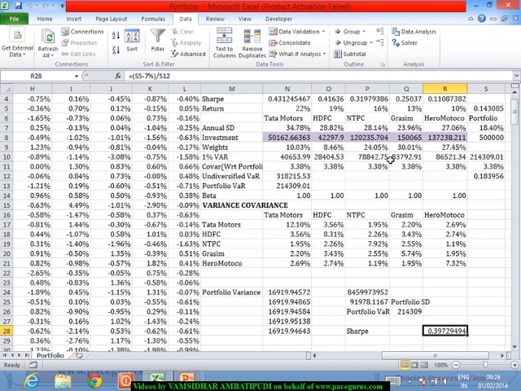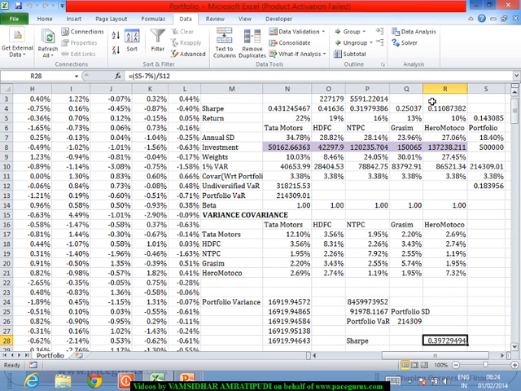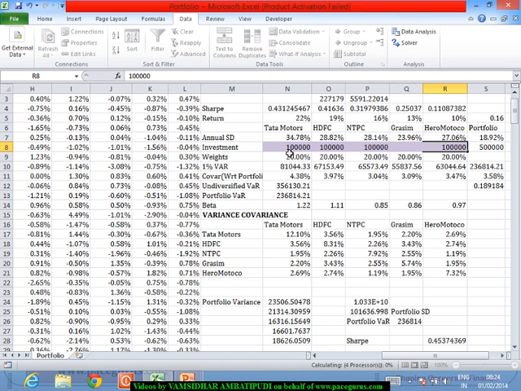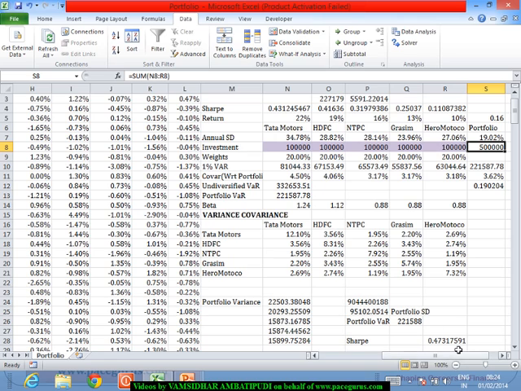For time being, let me try changing all of them to 10,000 only. Something is going wrong. I'll try making all of them 100,000. So in this case, actually the Sharpe ratio was 0.473.